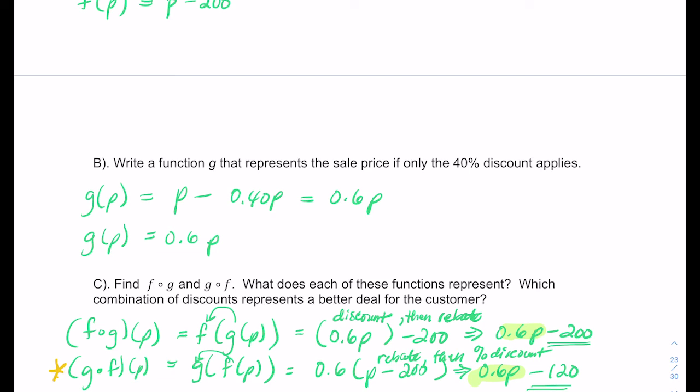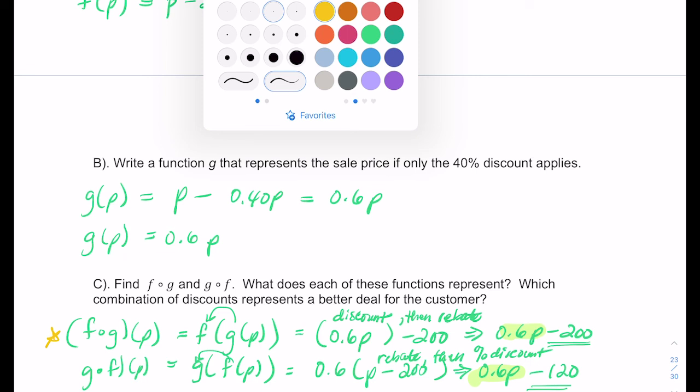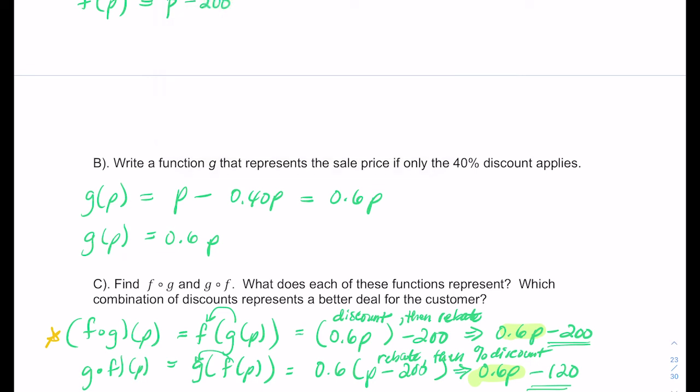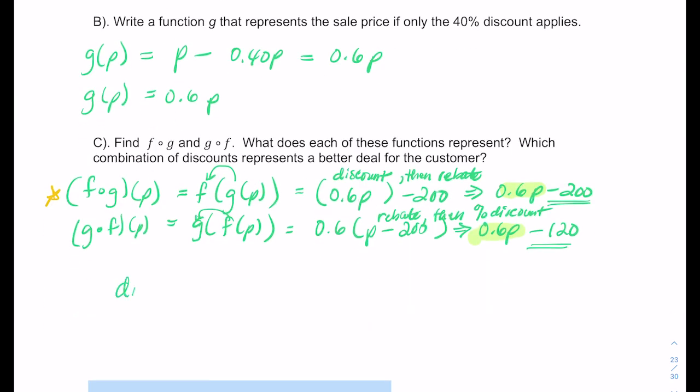It's the top one, because you're getting 60% of the price, but then you're getting an additional $200 off, as opposed to the second one, which was the rebate and then the discount, where it's 60% off and you're only getting $120. So the discount and then the rebate is the best deal. Okay, and that one was the f composed with g of p.